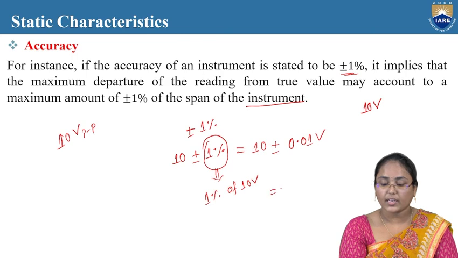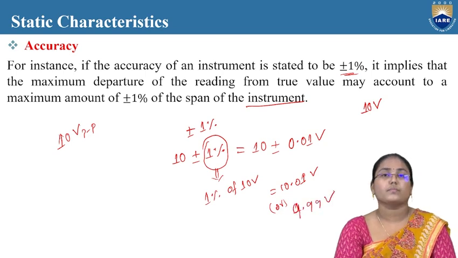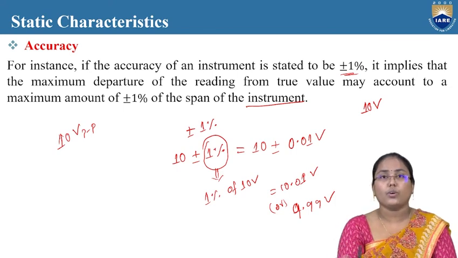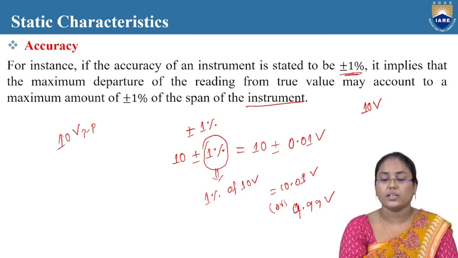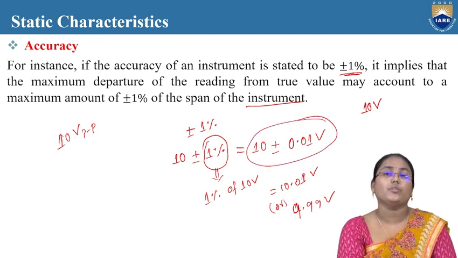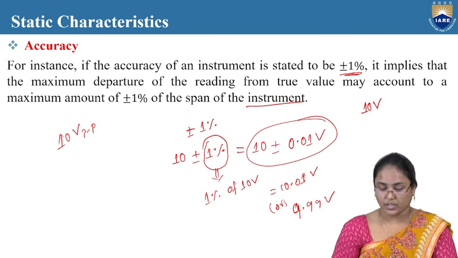That is, we can get 10.01 volts as an output or 9.99 volts as an output. So this is how, with respect to the accuracy of the instrument, the measured value can change.